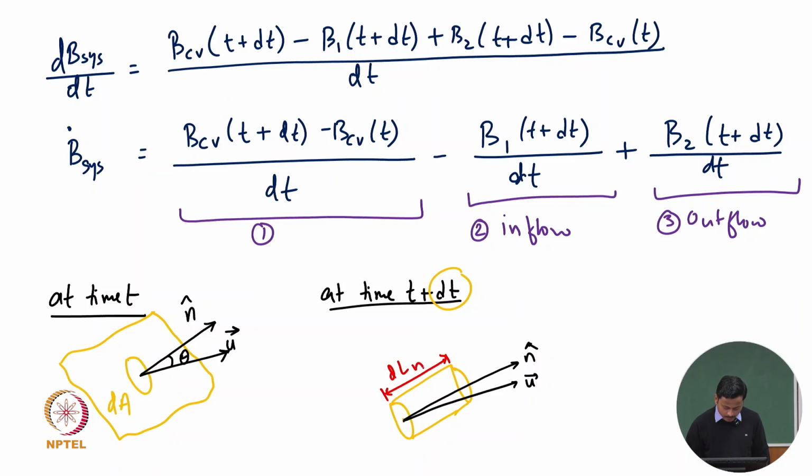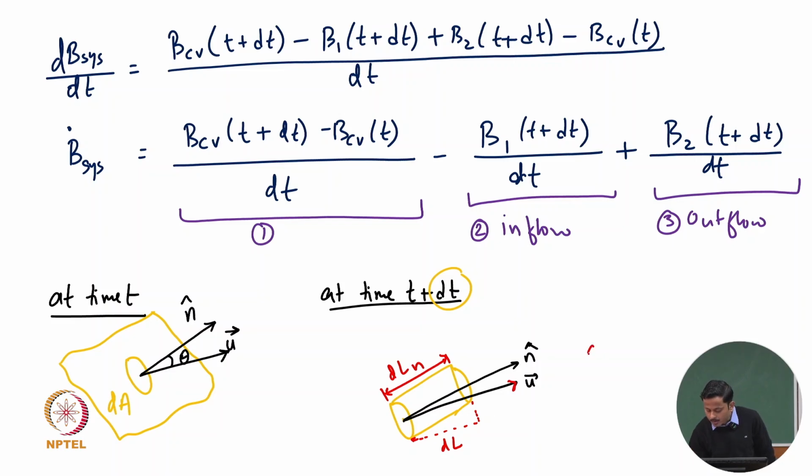is dln. So ln is the length perpendicular to the n cap vector. So the cylinder is perpendicular, and dl is the length which is parallel to the u vector.